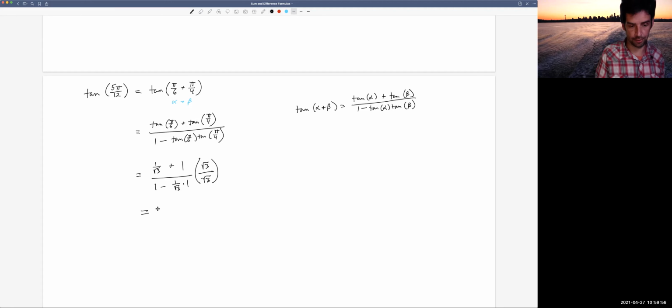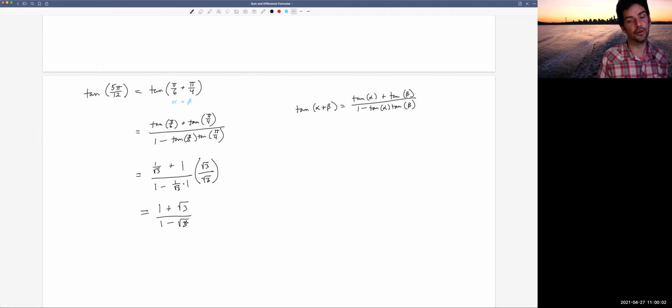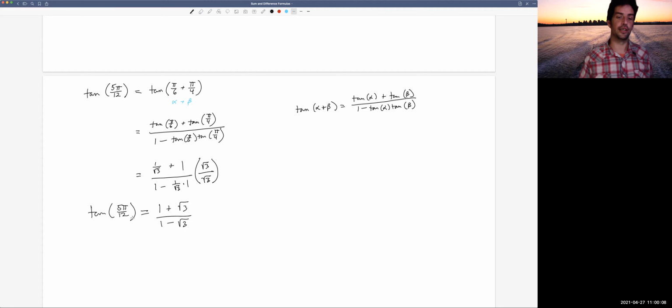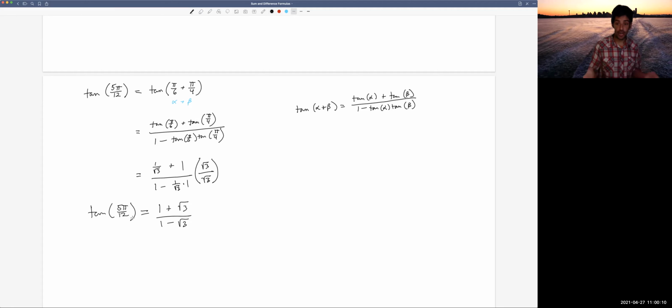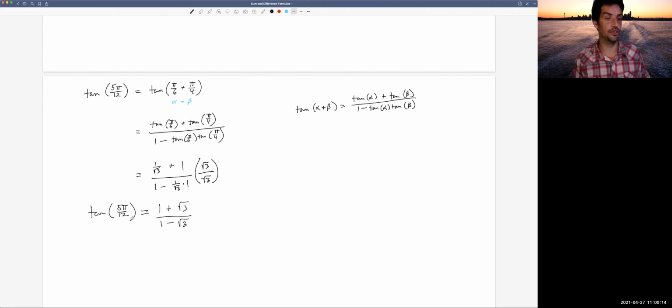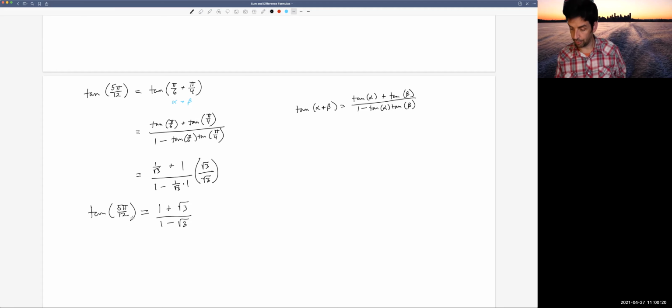We distribute that, so this becomes 1 plus root 3 over 1 minus root 3. To my mind, that is a much more pleasing way to write this number. Okay, and that's the use of this tangent identity, right? So it's just making sure you identify what's alpha, what's beta, and putting everything in the right place.